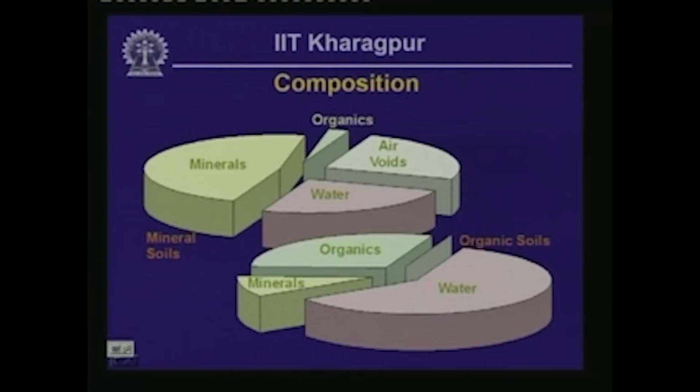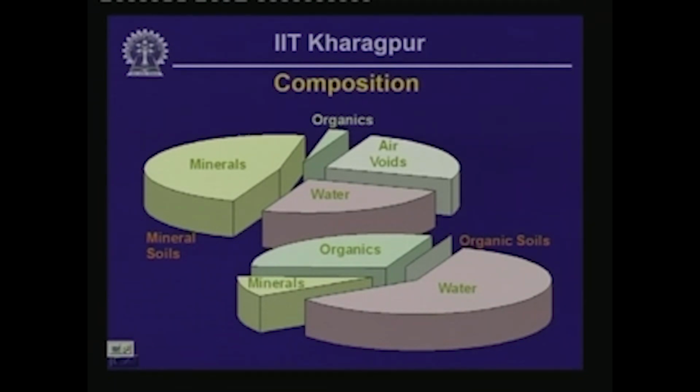Now, as a result, the composition of soils can range over a very wide variety. A typical composition of soil is shown on this particular slide here, and we have considered two examples here.